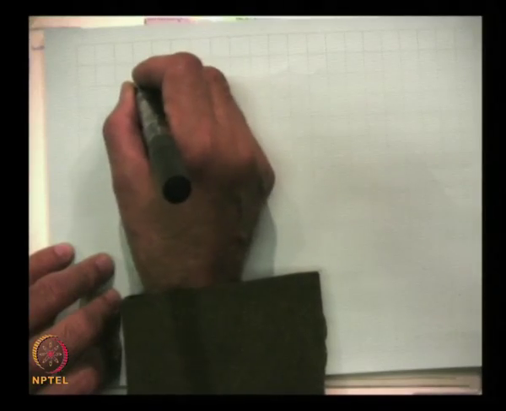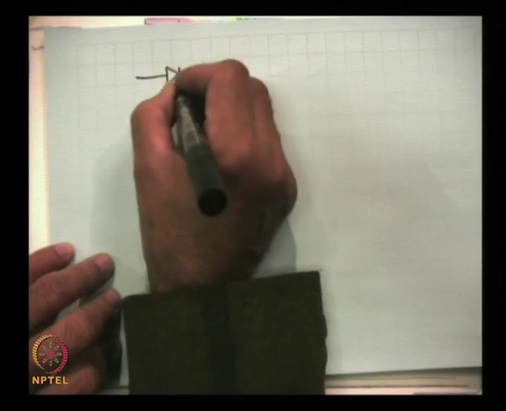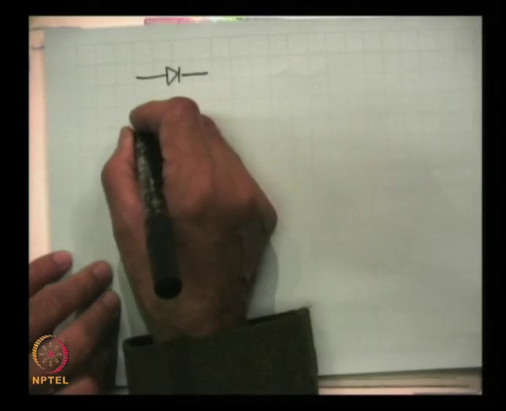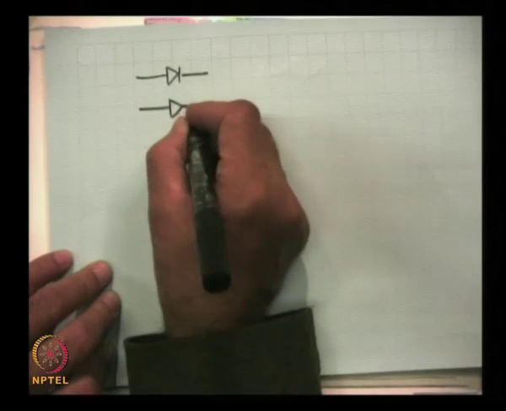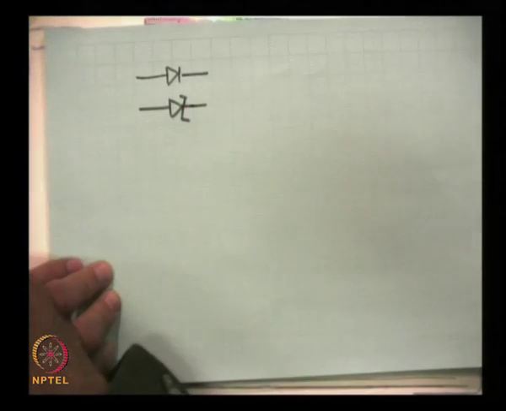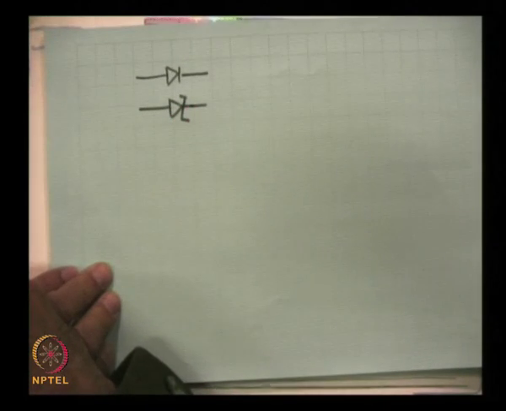Now, the circuit symbol of the simple diode is this. This is for the ordinary diode, and for the Zener diode this is the circuit symbol.